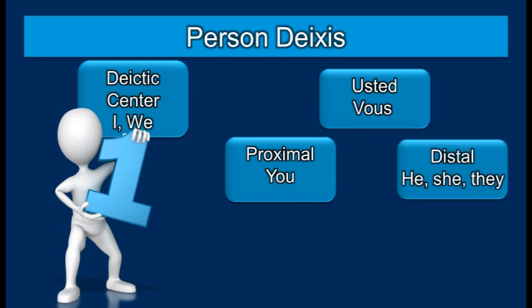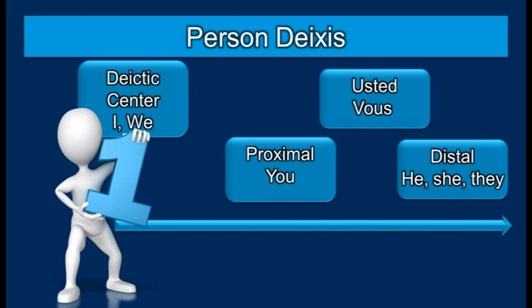And finally, the people who are more distant from the speaker will be he, she, or they. And that's what we call I, the first person, you, the second person, and he, she, and they, the third person. The arrow shows then the distance from the speaker. He, she, or they are farther from you, and I is the deictic center.